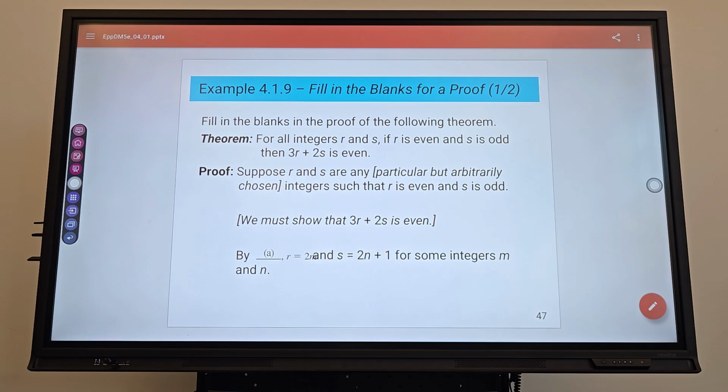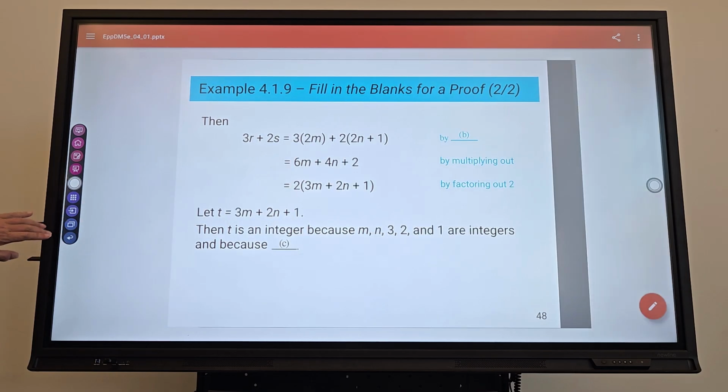By the definition of even, r equals 2m and s equals 2n plus 1 for some integers m and n.